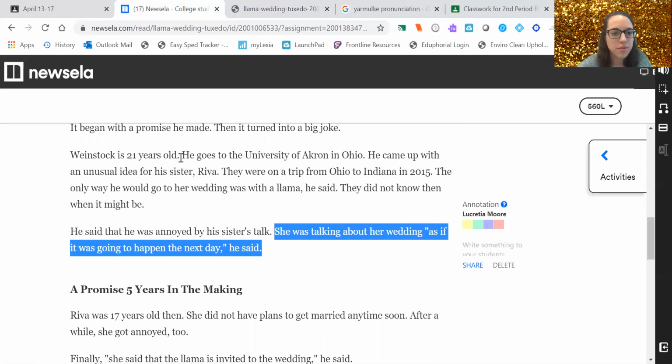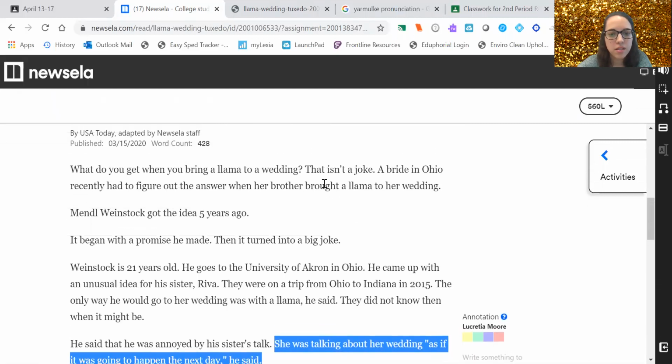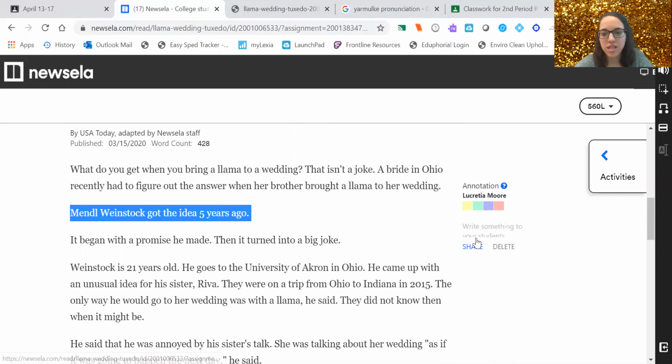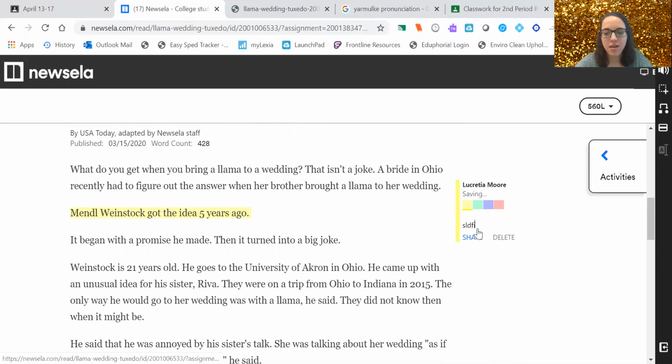So for example, Mendel Weinstock got the idea 5 years ago to bring a llama to the wedding, okay? If that sounds important, names, dates, places, those kinds of things, highlight, and then you can either take notes, okay, you can type, but I think most of you feel more comfortable with just highlighting. You can do both.